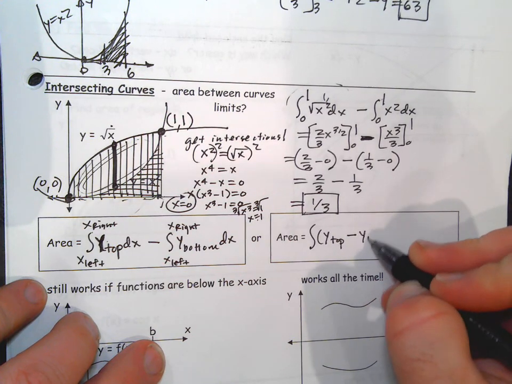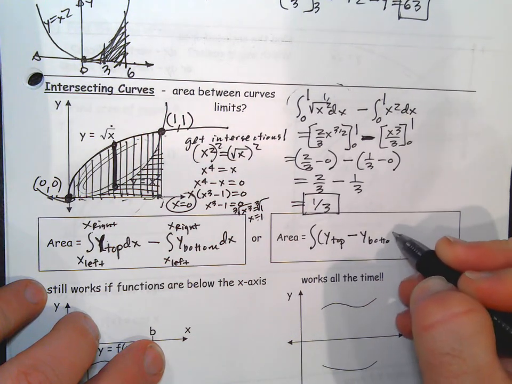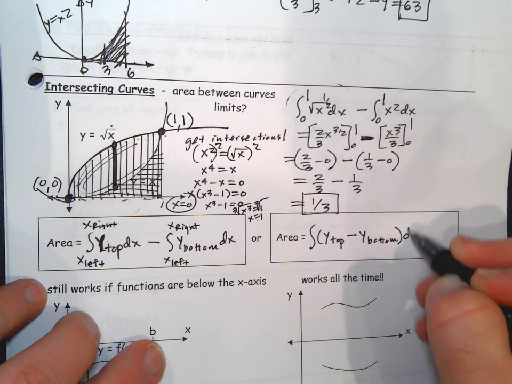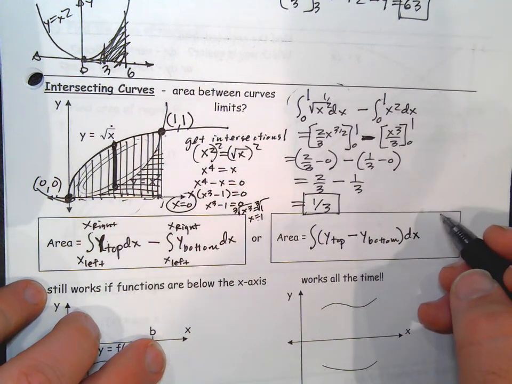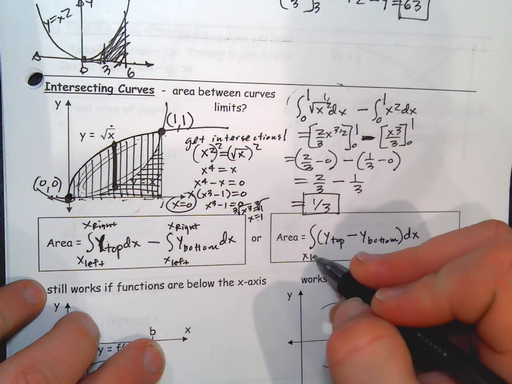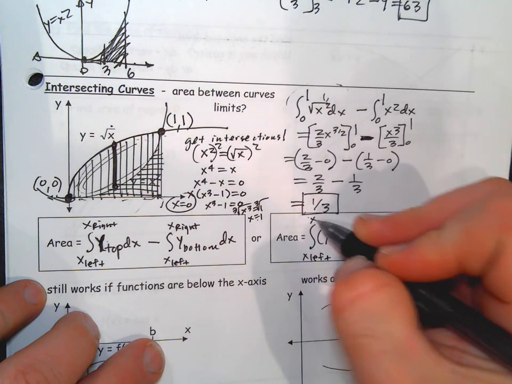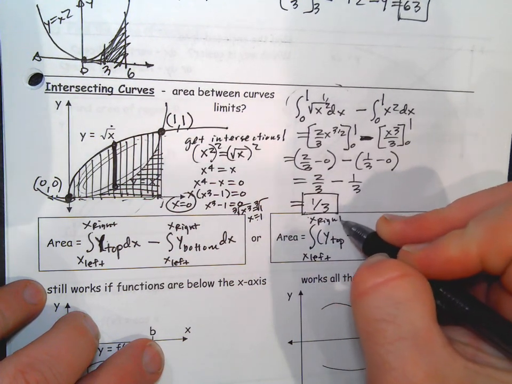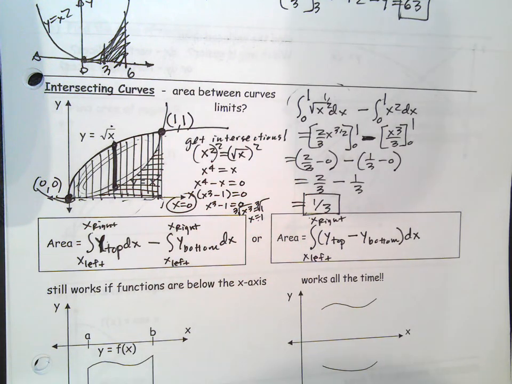You do y top minus y bottom inside a single integral to get the height of a single slice of the in-between area and just do a single integral. The work is about the same by hand. And by the way, properties of definite integrals say that you can do that too. So either way you want to do it.